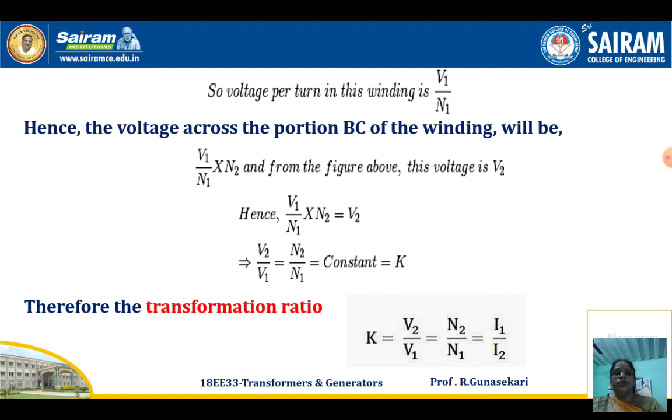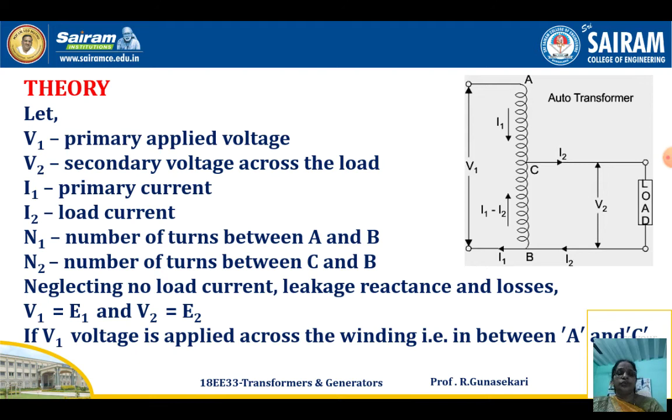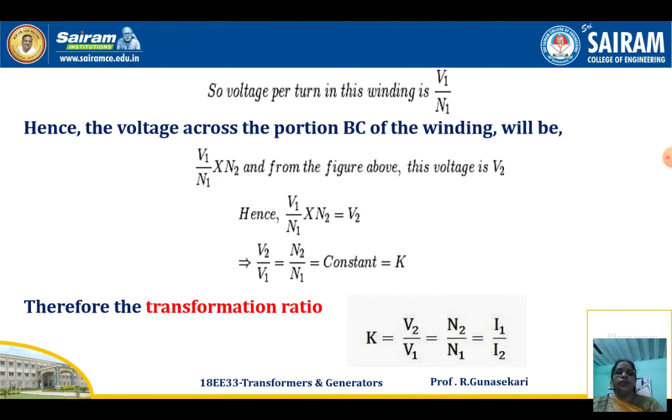I already told you, N1 is the primary turns, the AB portion, and N2 is the number of turns of BC. So V1 by N1 into N2 is equal to V2, the voltage across the load. Therefore the transformation ratio K is equal to V2 by V1, that is equal to N2 by N1, and that is equal to I1 by I2, that is equal to E2 by E1.